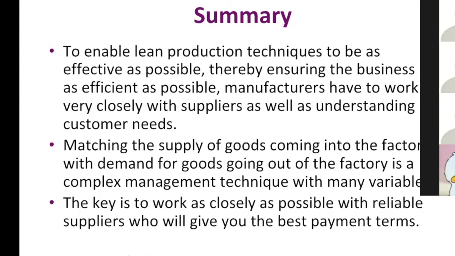Okay, into second point. Matching the supply of goods coming into the factory with demand for goods going out of the factory is a complex management technique with many variables. Okay, Hannah, last point. The key is to work as closely as possible with reliable suppliers who will give you the best payment terms.